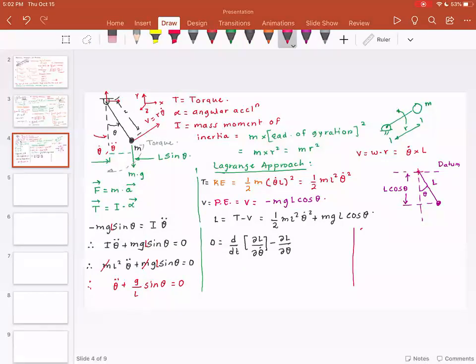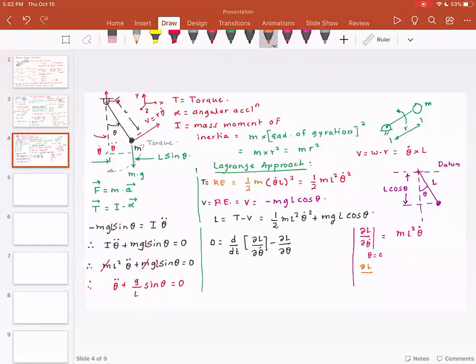So partial L by partial theta dot means theta is equal to constant. So this is going to be m L square theta dot.